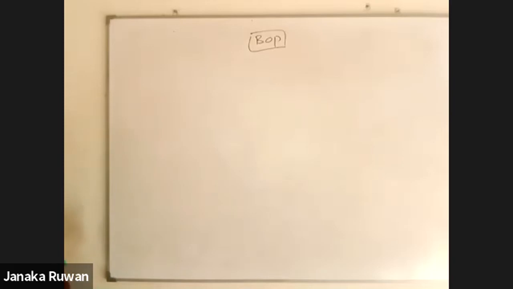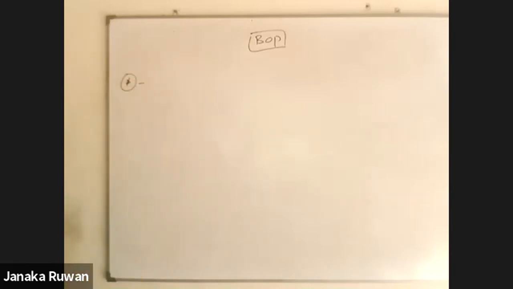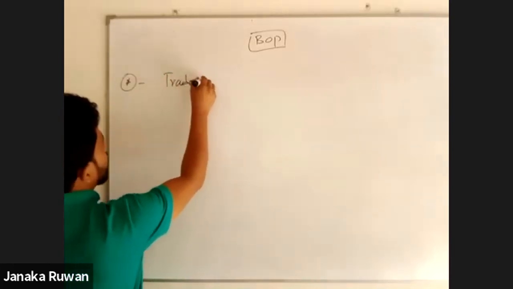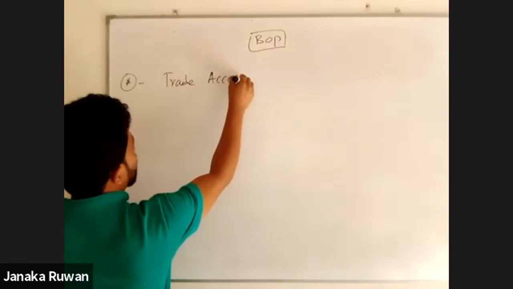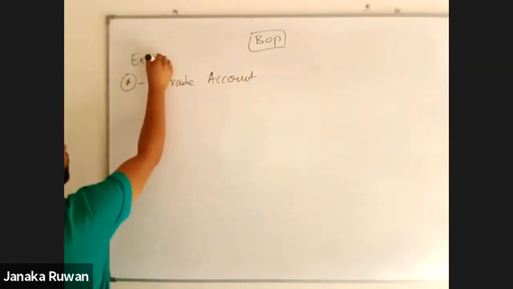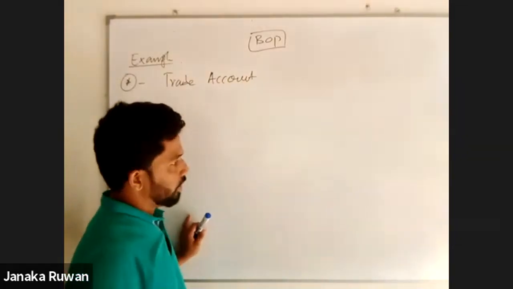Then take an example for the trade account. We are going to identify the trade account. This is just an example, not a real trade account in Sri Lanka. Finally, we can identify the real account.